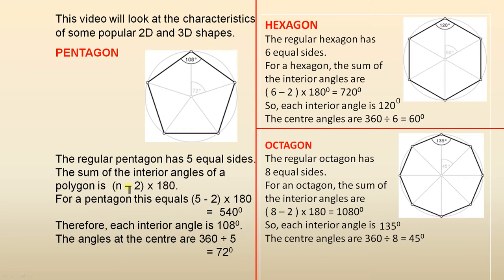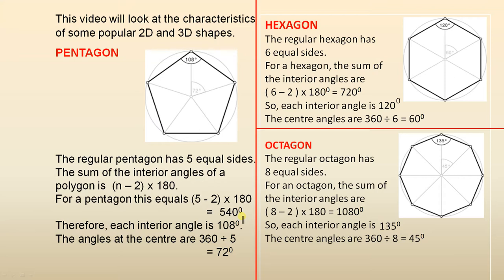So if you have any polygon with n sides, this little formula here will give you the sum of the interior angles. So for example, for the pentagon, if you add 1, 2, 3, 4, 5, if you add those 5 angles, that's the sum of the interior angles. So for a pentagon, because a pentagon has 5 sides, this is 5 minus 2 times 180, that gives you 540.